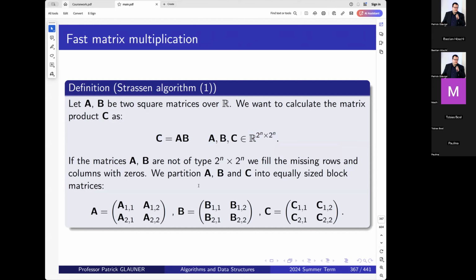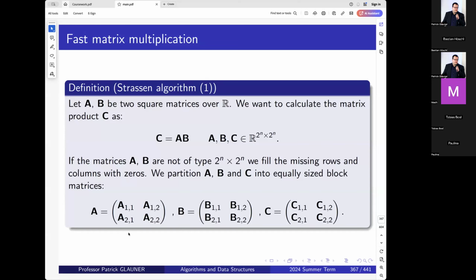And we will try to split these matrices into block matrices. So A and B could be relatively large matrices, and we will now split A and B each into 4 equally sized block matrices.